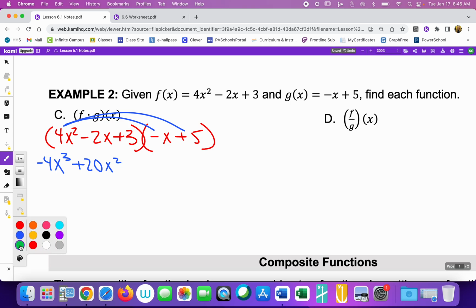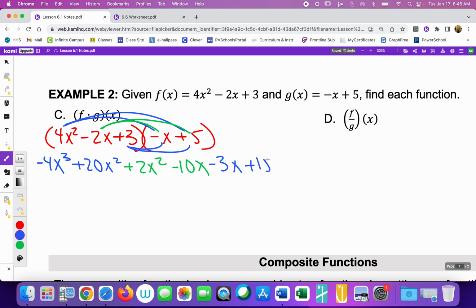Alright, distributing the negative 2x to both. Negative 2x times the negative x is a positive 2x squared. Negative 2x times 5 is negative 10x. And then distributing the 3. 3 times negative x is negative 3x. 3 times 5 is 15.